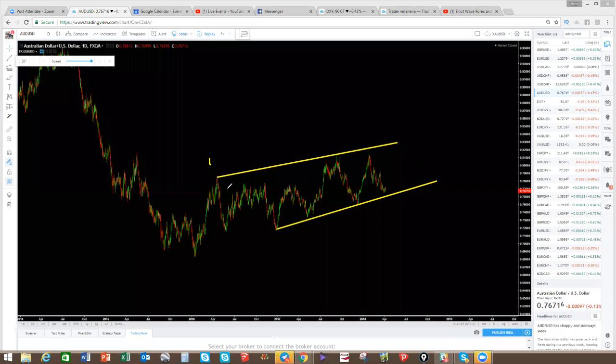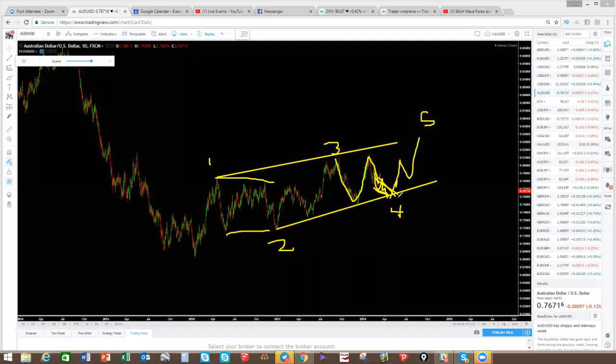So meaning that this is 1, this is 2, this is 3, and then we're possibly building this one as a 4. So this 4 should end here, and you can see by the diagonal that this 4 could end up here, and then we're going to get a wave 5 here. Okay, so we are here towards the end of 4.